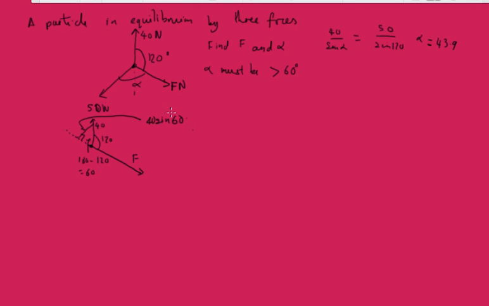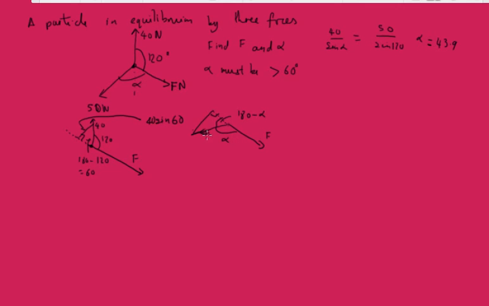Now let's think about what comes from our 50 newtons. So again, we draw F and extend it back. We've got our angle here, that's alpha, and this must be 180 minus alpha, and here's our perpendicular.